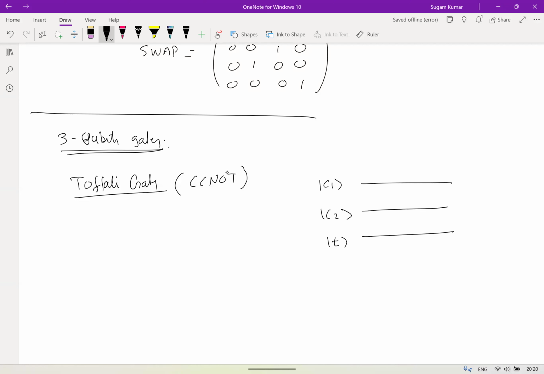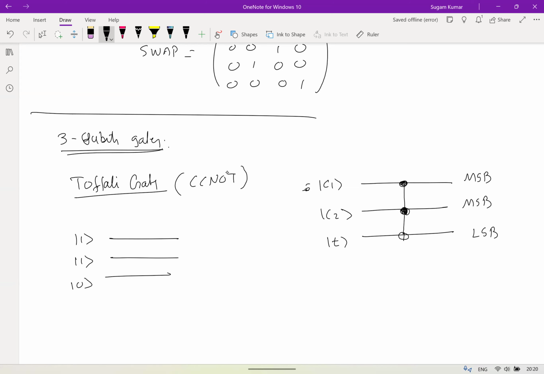Now let us say the target bits are like this, so it is 1, this is a 1, and this is a 0. Symbolically we represent it like this way. There are 2 nodes, so 2 nodes means there are 2 most significant digits, correct, and 1 least significant bit.